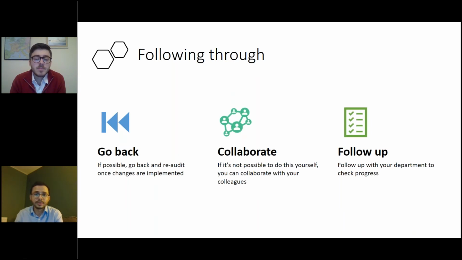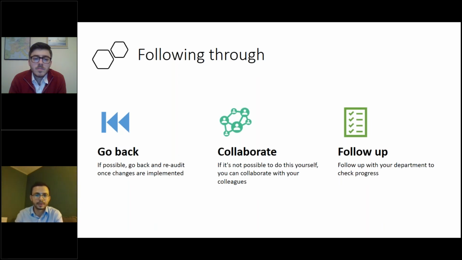Or you might even speak with some of your other medical student colleagues who you know are rotating into that department and into that trust to pick up things where you left it, so that the two of you collaborate and complete the audit loop together. An alternative is checking up with colleagues in the department to see what the progress has been like since you left, but this is less formal and it won't lead to the audit loop being closed, so it's not as ideal as actually completing the audit loop itself.